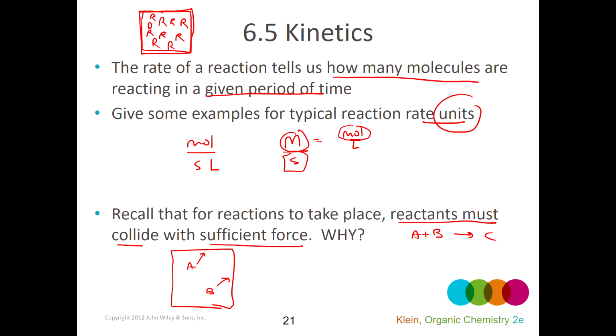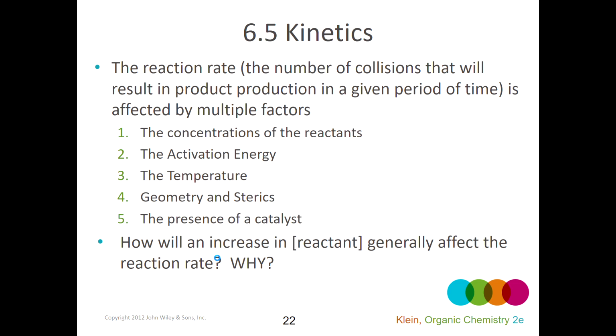Not very often. So the rate is not going to be very fast. So we're going to talk about the factors that affect how often reactants are going to collide with the energy necessary to rearrange the electrons from their current positions to create the products where the electrons are arranged differently. So here are the factors that affect that.